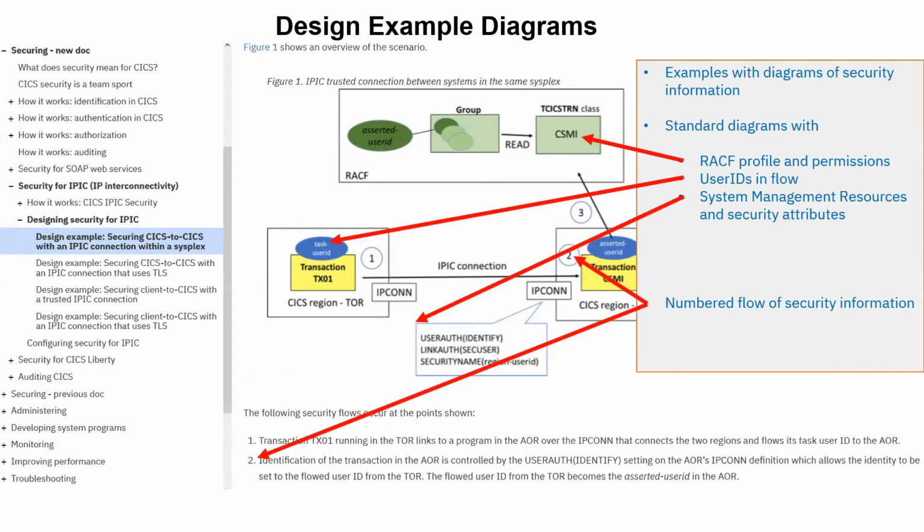It will show you things like what user IDs flow on the system, what are the RACF profiles and permissions, what security resource definitions are required for setting up this. And accompanied with the diagram, you've got the numbered flow going across there, and that will be accompanied by a list of what is going on, a step-by-step guide to what's going on in how this scenario is designed. So it shows the numbered flow of what happens with security.